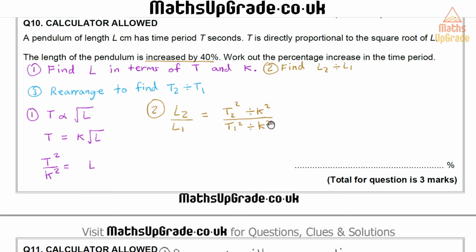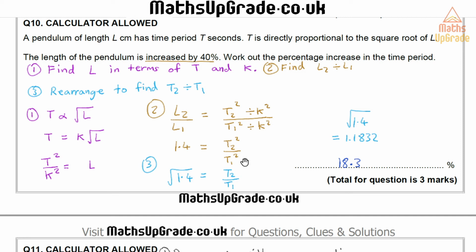Now I know that the length has increased by 40%, so like I said earlier, that is a multiplier of 1.4. In other words, length 2 divided by length 1 will be 1.4. So 1.4 is equal to this, and the constants can cancel each other out since they don't change. So they cancel each other out on this fraction. So 1.4 equals t2 squared divided by t1 squared.